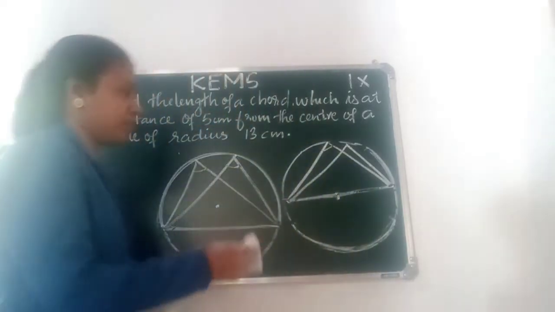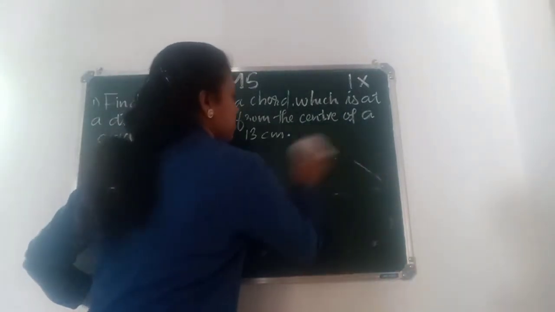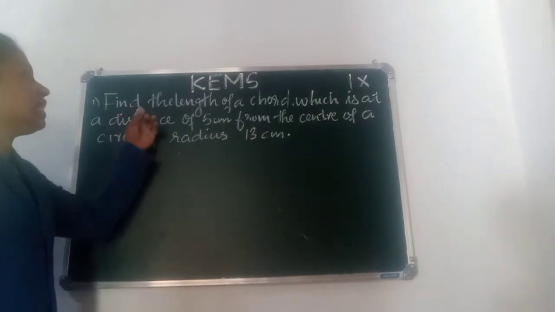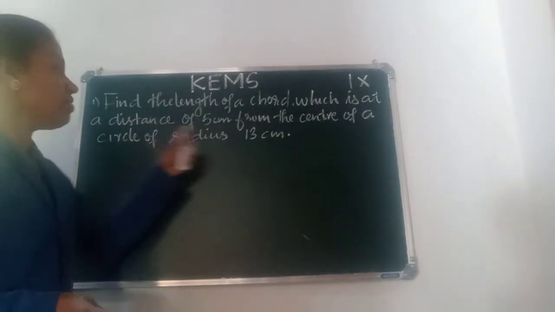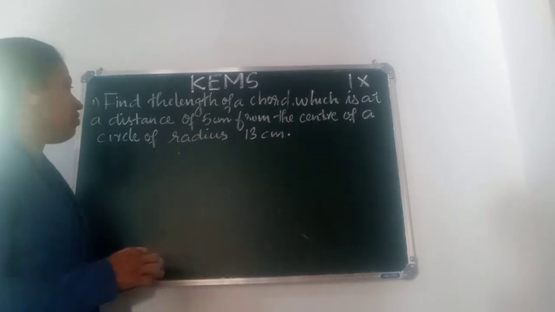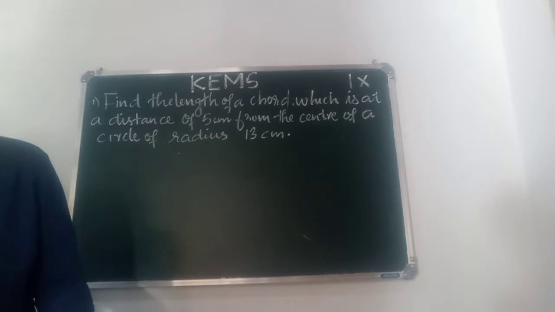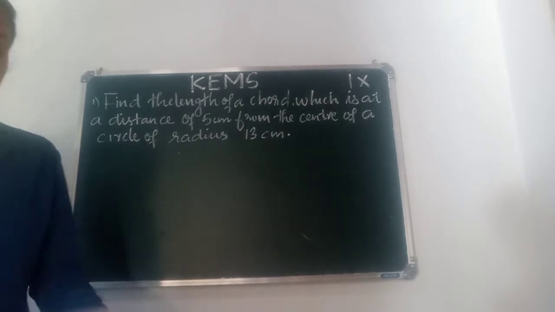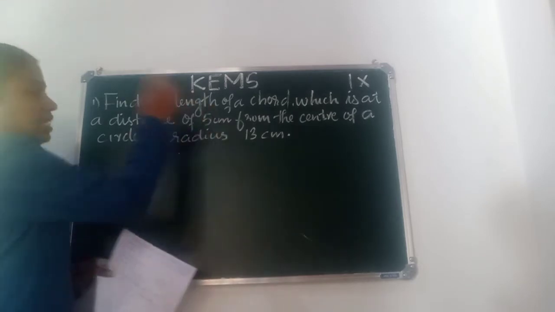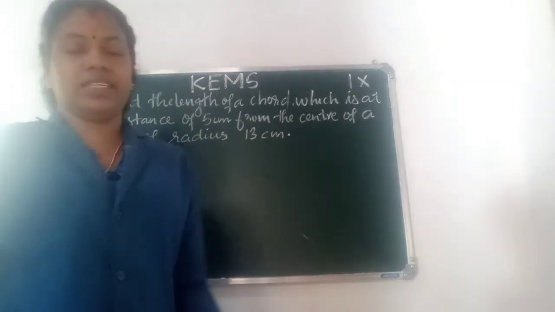First question, look here. Find the length of a chord which is at a distance of 5 cm from the center of a circle of radius 13 cm.